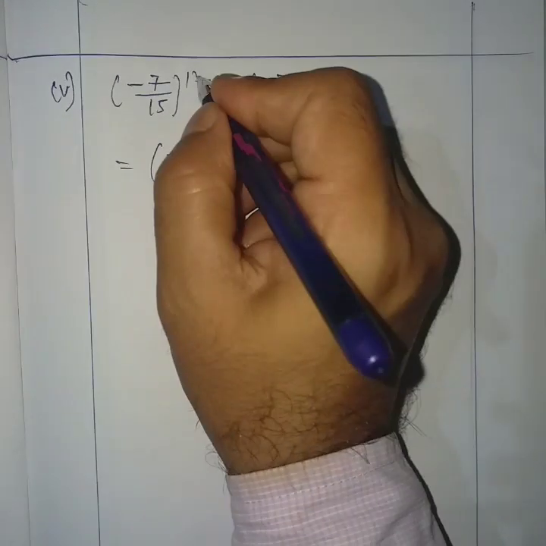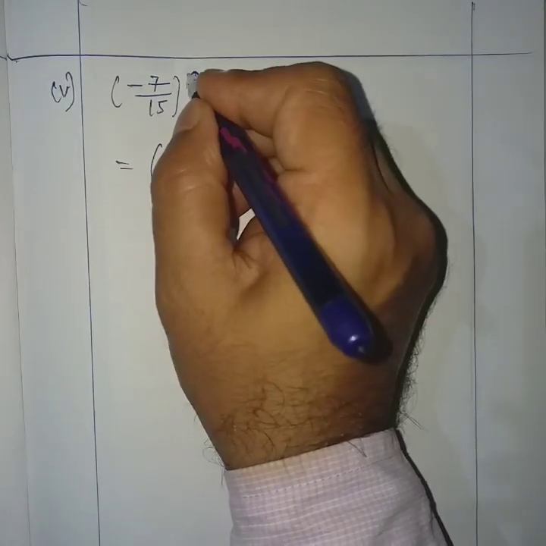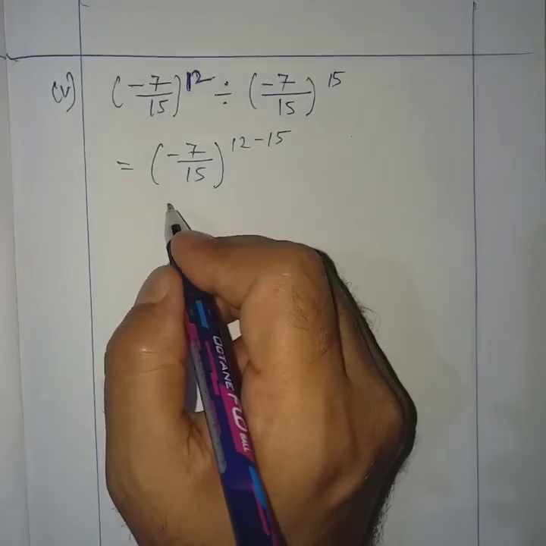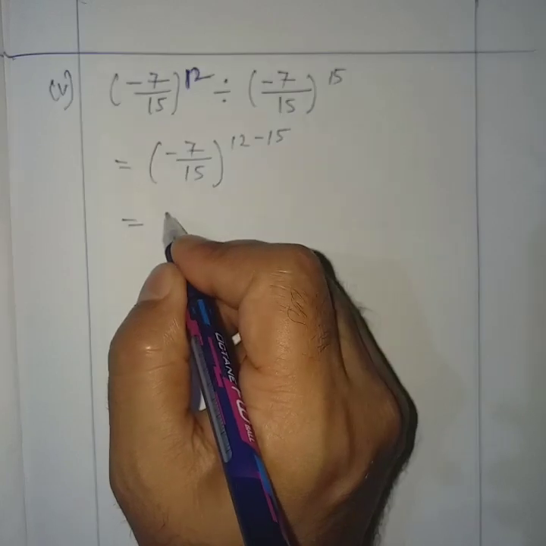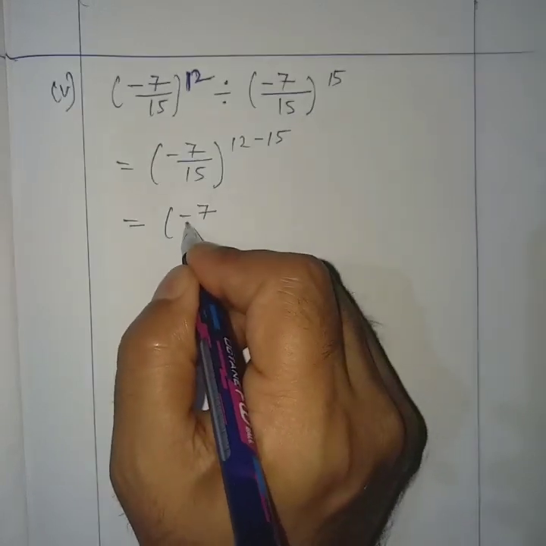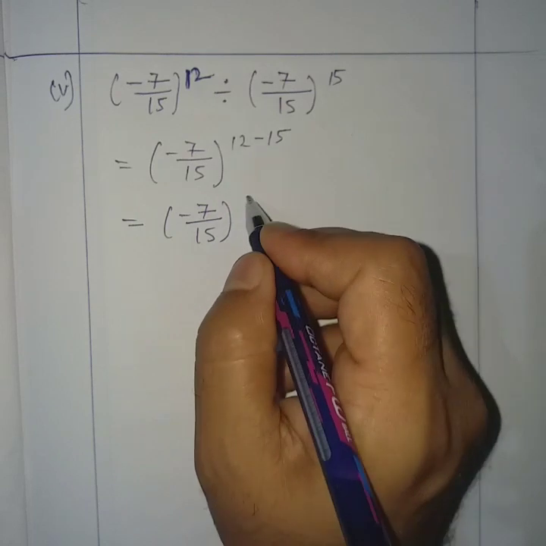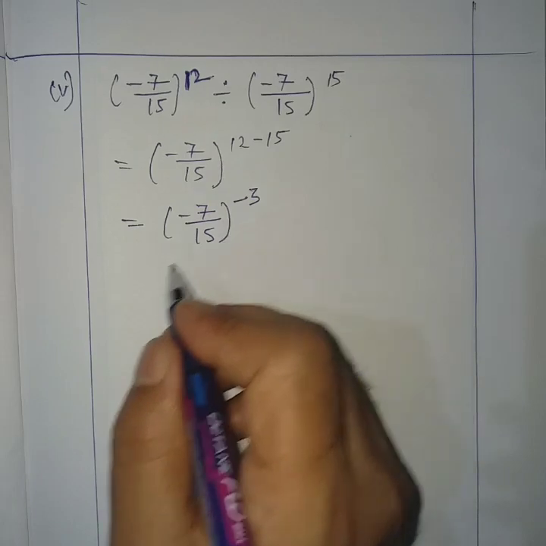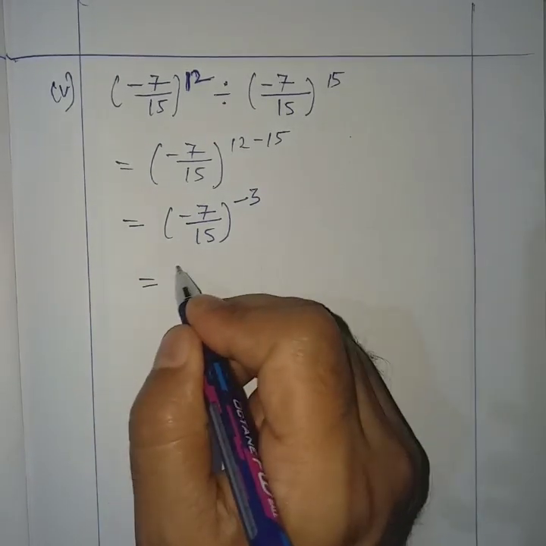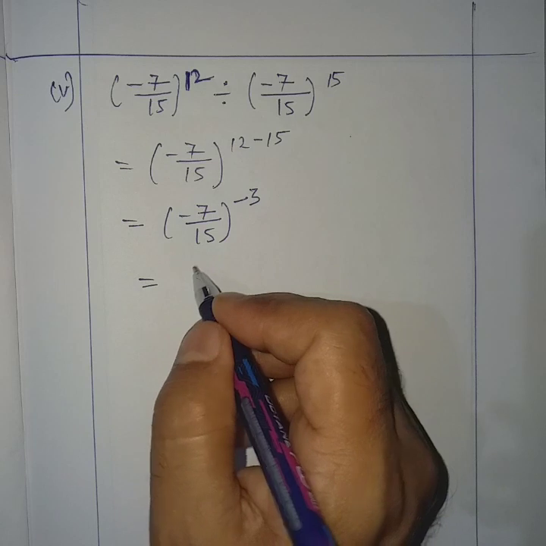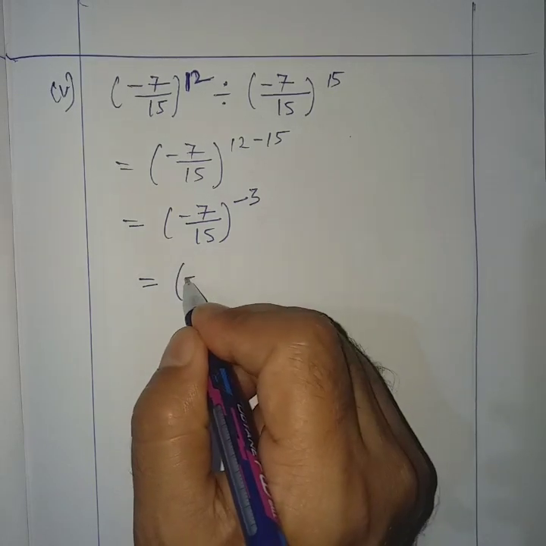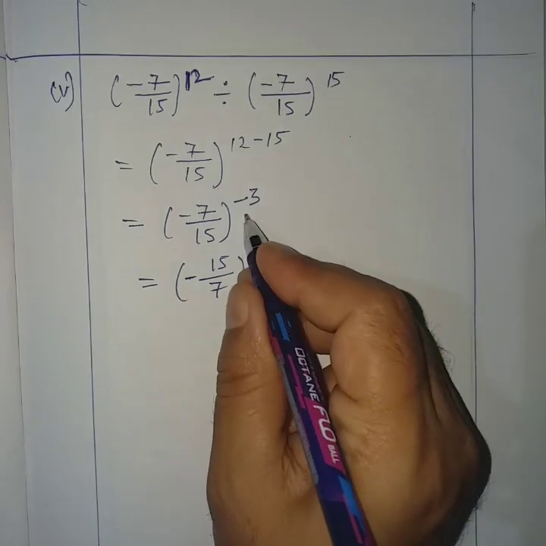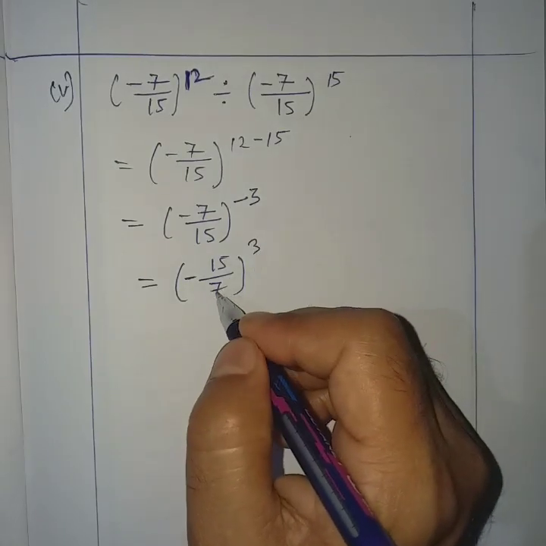Remember, power of numerator minus power of denominator. So 12 minus 15 is equal to minus 3. So this minus we can remove by taking the reciprocal of this fraction. So 15 comes in the numerator, 7 goes in the denominator, and the minus becomes plus after this step.